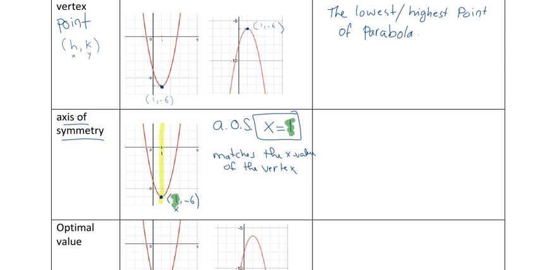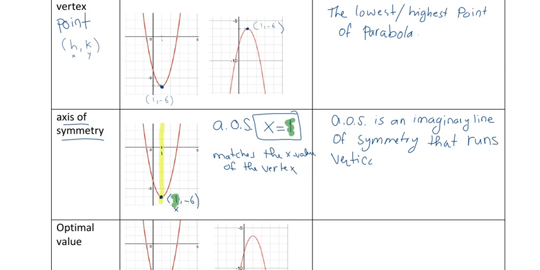So the axis of symmetry is an imaginary line of symmetry that runs vertically through the vertex.